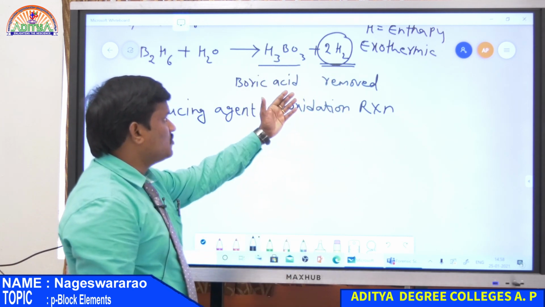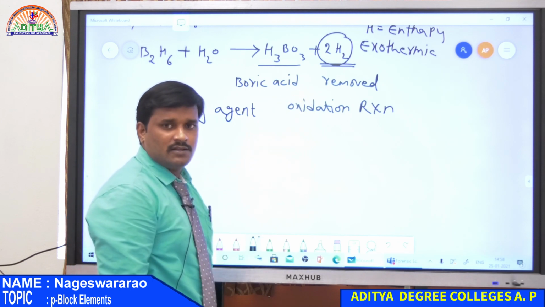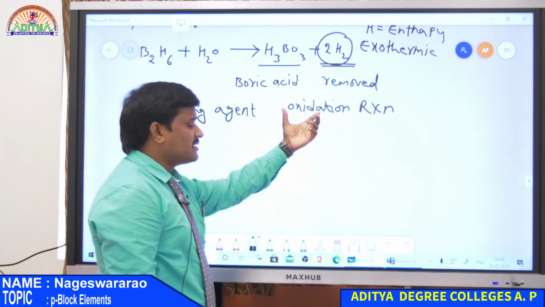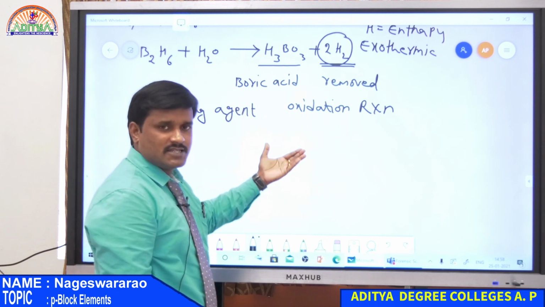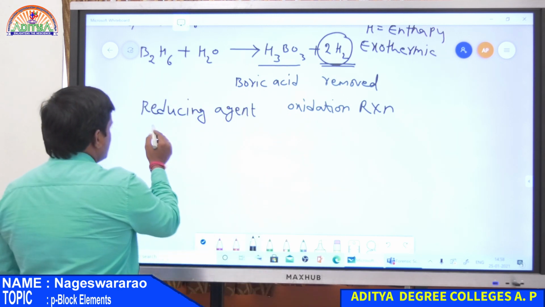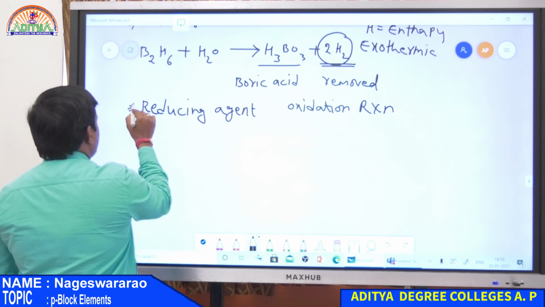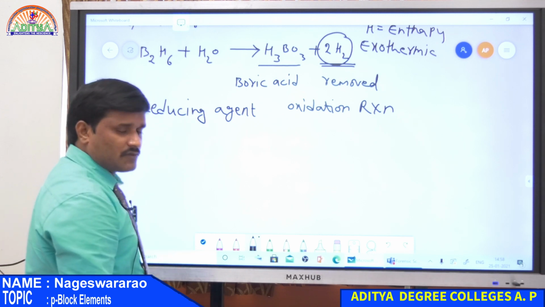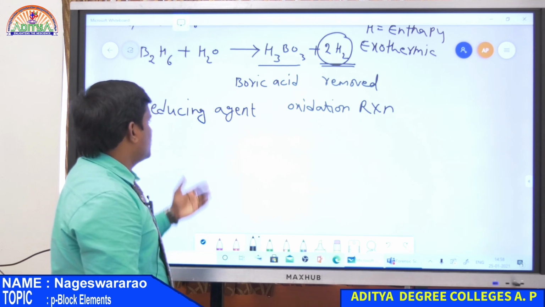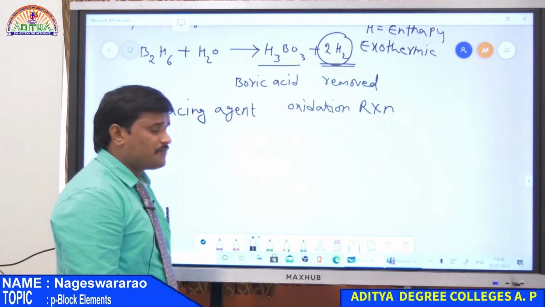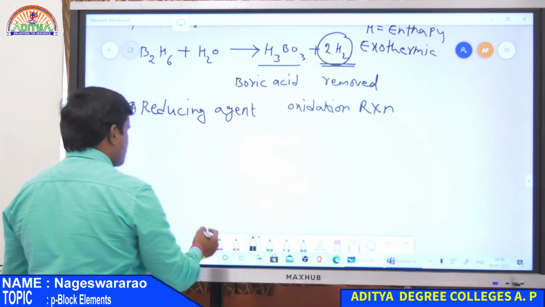So an H2 molecule is removed from the borane, therefore it is an oxidation reaction. It means B2H6 undergoes oxidation, therefore it is used as a reducing agent. So this is the second one. First one is reaction with oxygen and second one is reaction with H2O. Now the third one.